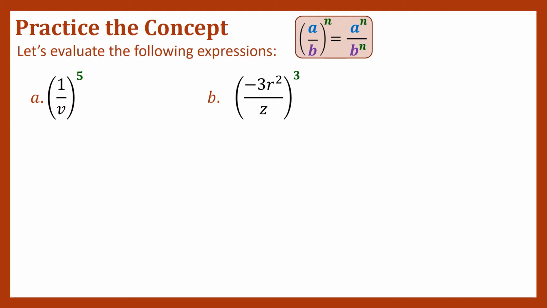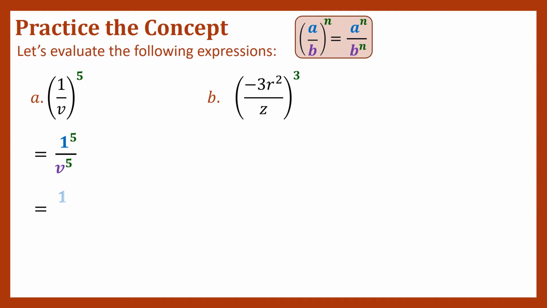The first expression reads 1 divided by v in parentheses raised to the power of 5. Using the quotient raised to a power rule, this is then equal to 1 raised to the power of 5 divided by v raised to the power of 5.